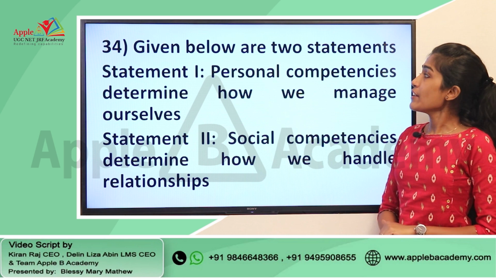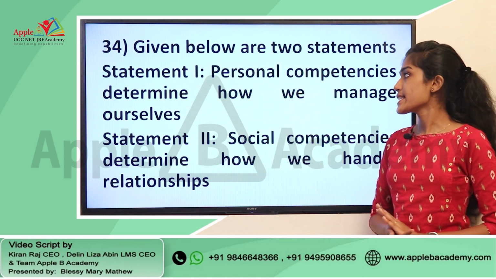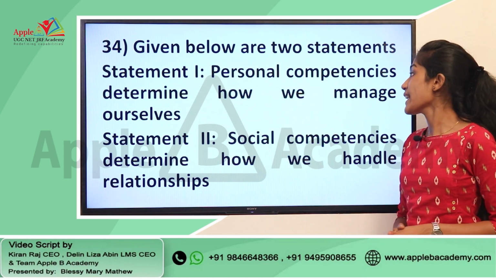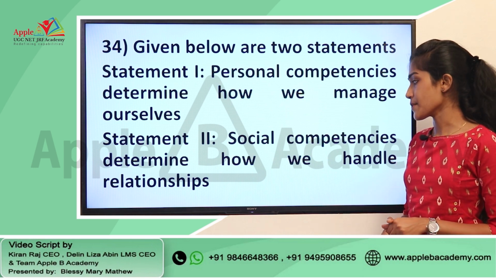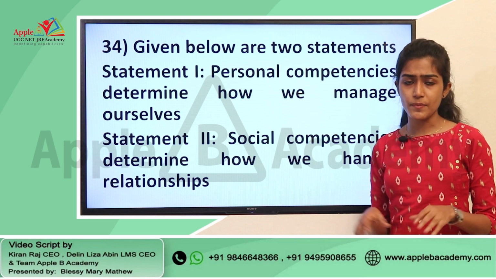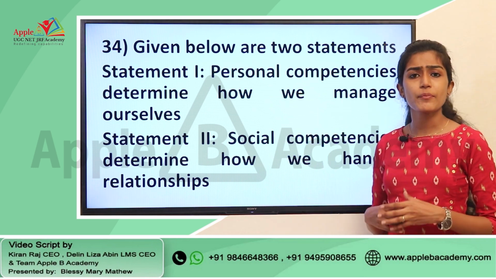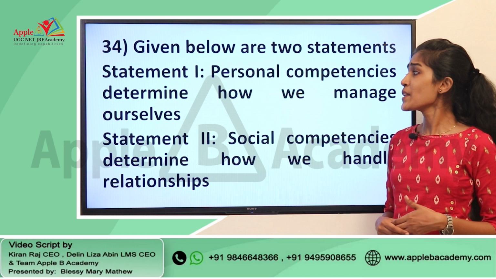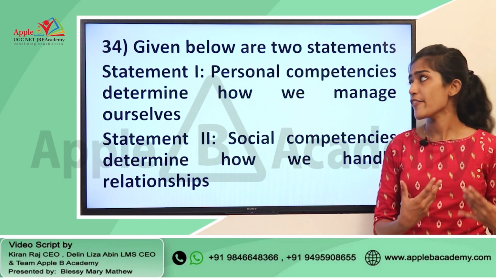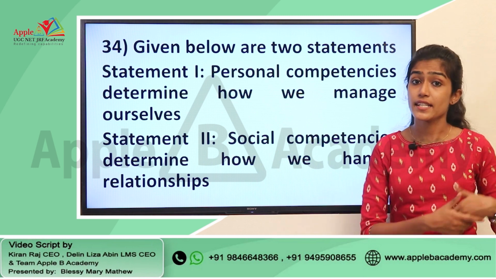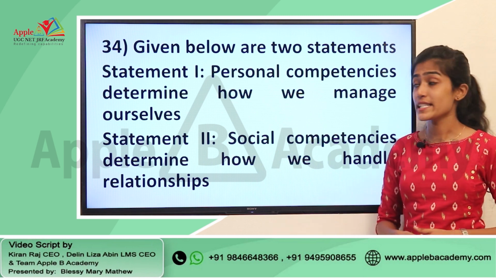Next question. Given below are two statements. Statement 1 says personal competencies determine how we manage ourselves. Statement 2 says social competencies determine how we handle relationships. Basically, this question is from the module teaching aptitude, and the statements are from the various competencies. We have personal competencies, social competencies, behavioral competencies and all that.